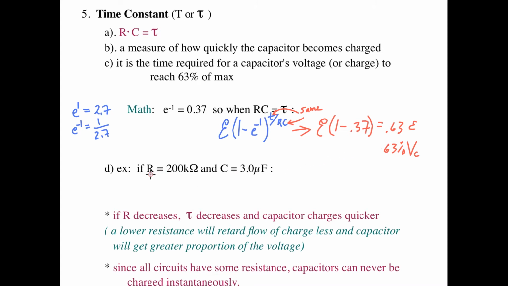All right, here's an example where we can see it with numbers. If you have a 200K ohm resistor and a capacitor that is 3 microfarads, let's calculate the time constant, tau.